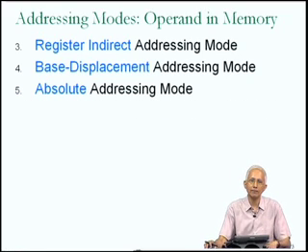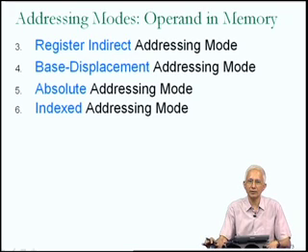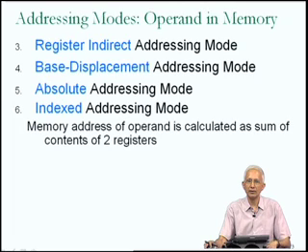So moving right along, one of the somewhat important addressing modes is the indexed addressing mode. The indexed addressing mode uses a slightly more complicated calculation to calculate the address of the operand in memory than the base displacement addressing mode does, because the address of the operand is specified through two registers, and the contents of these two registers, when added, give you the address of the operand in memory.